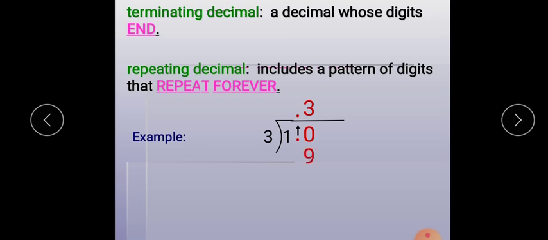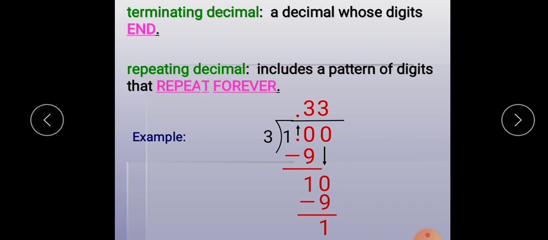So 10 minus 9 will give us remainder 1. Again a 0 will be appended. Again 3 times 3 is 9, and after subtraction the remainder is 1. If you go on dividing in this manner, you will get the quotient as 0.333 and so on.